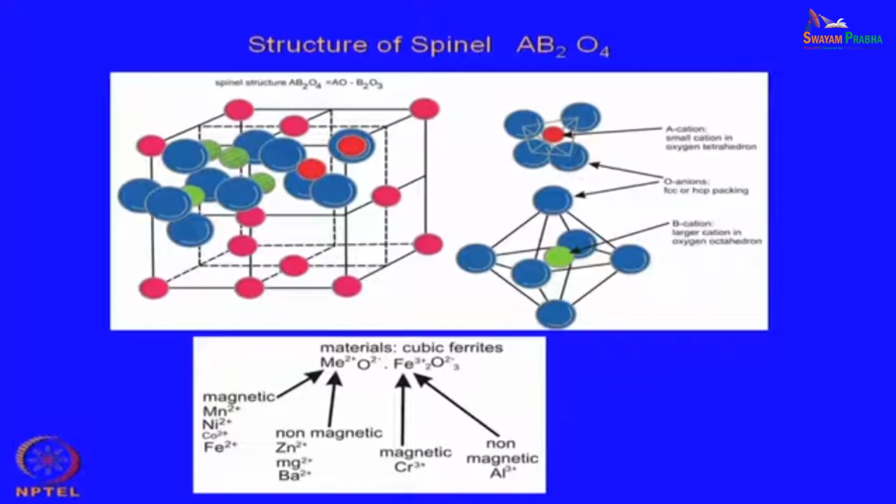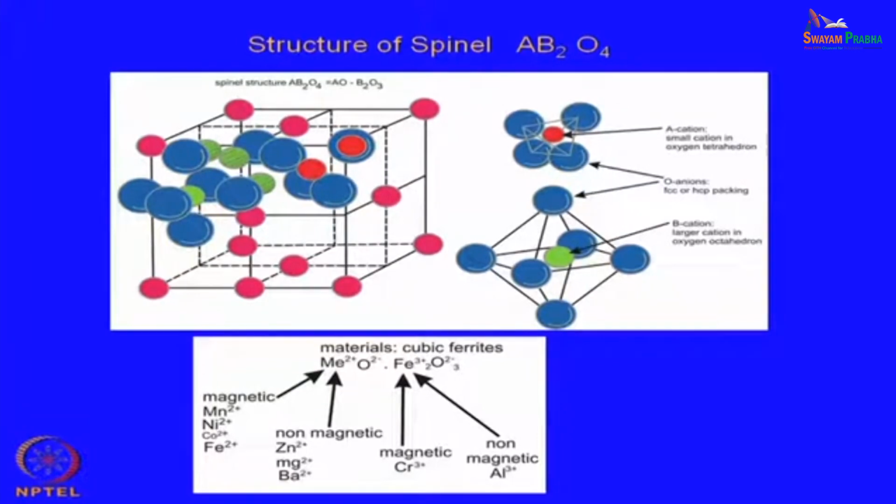That is the reason the calcium titanate structure type is known as perovskite, whereas for magnesium aluminate the mineralogical name is spinel, and that is the reason this particular crystal structure is called the spinel structure. There may be many compounds having this particular structure.